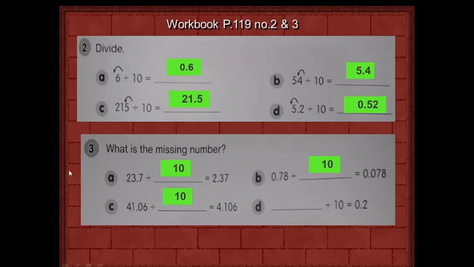And then the next one, part B: what number divided by 10 equals 0.2? Since 10 has only one zero, the decimal point moves to the left one time. Now it is between 0 and 2, so the answer is 2.